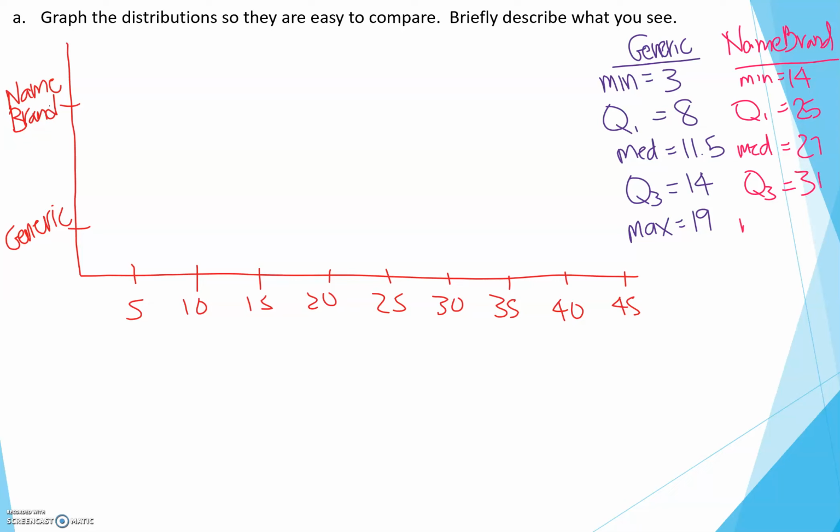Q3 was 31, and then our max was 43. Okay. All right, so I am going to calculate or see if we have any outliers.